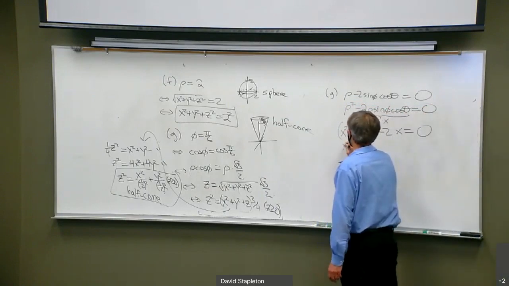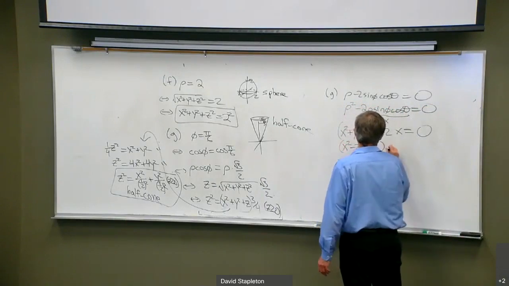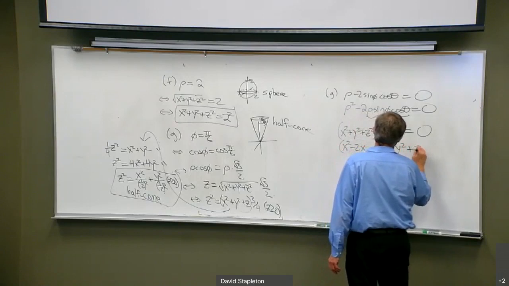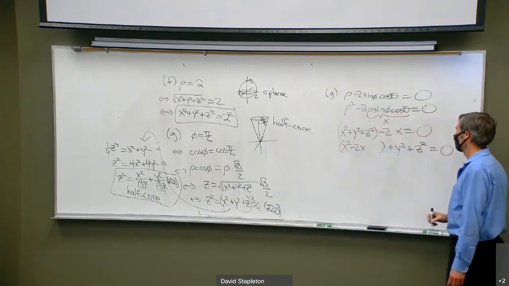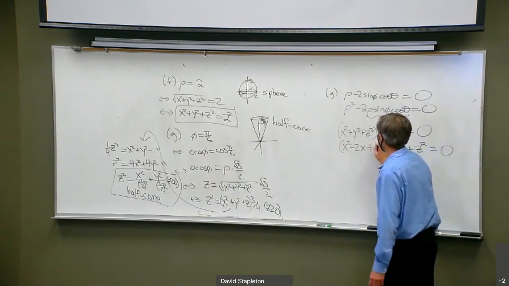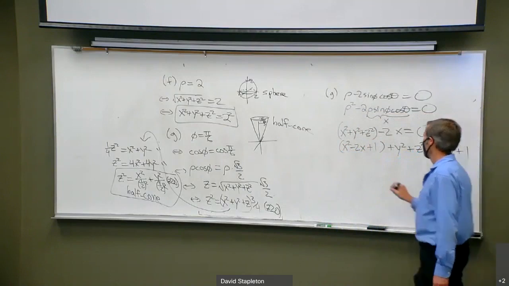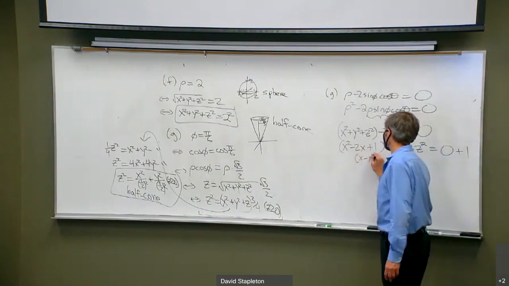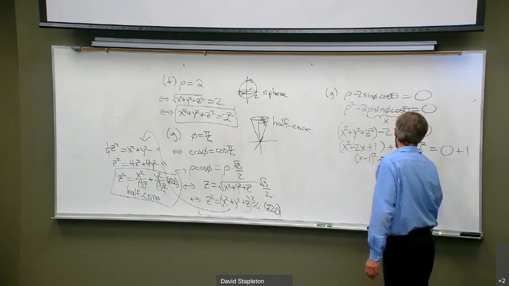Well, I complete the square. X squared minus 2x plus y squared plus z squared equals 0. I complete the square by adding 1 here, then I have to add 1 to the other side to balance the equation. And now it's x minus 1 squared plus y squared plus z squared equals 1 squared.